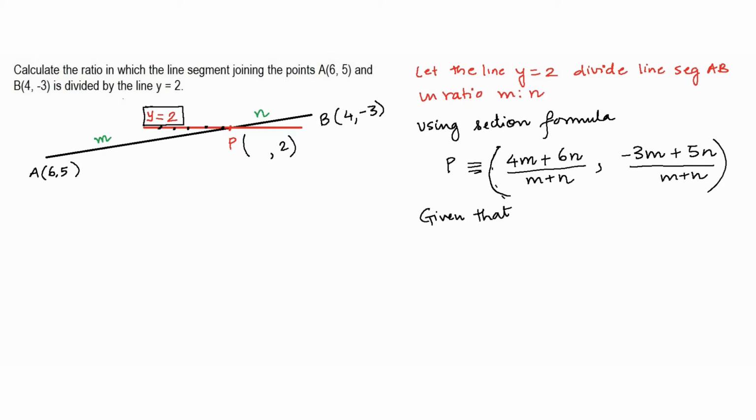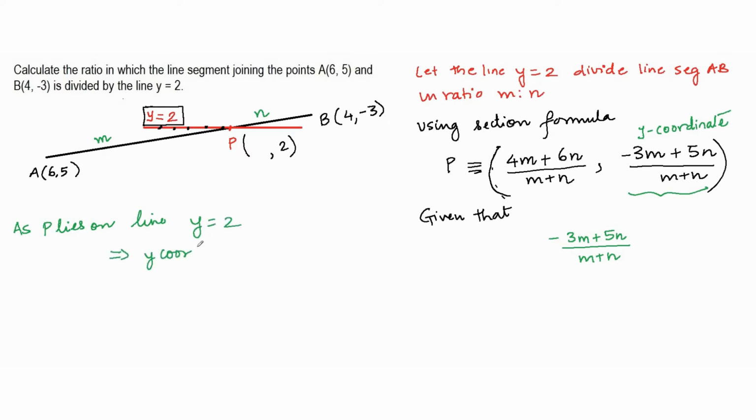The y coordinate of P is minus 3m plus 5n upon m plus n, and as P lies on the line y equals 2, the y coordinate of P should be equal to 2, because that is the meaning of the equation y equals 2.